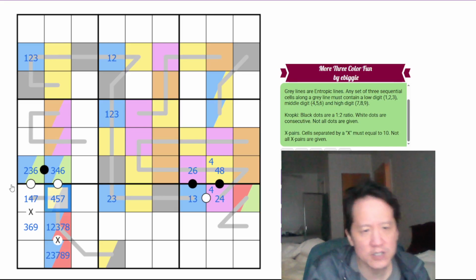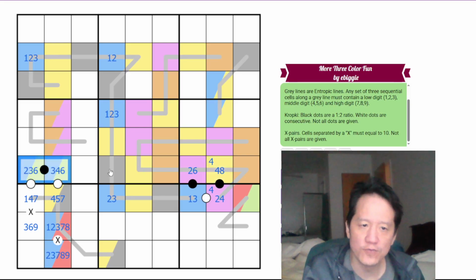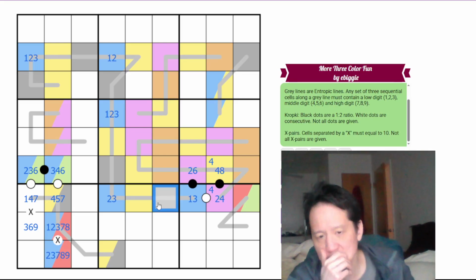Well, potentially if it's 2, 4, this is gray because gray matches this. This is 2, 4, this has to be 8. This is 6. The gray matches the pink, right? So this would be 2, 4, this would be 5, this would be 4, this would have to be 6.